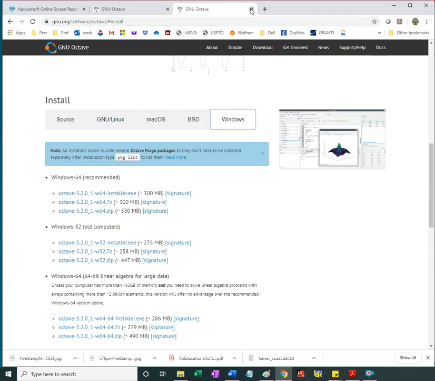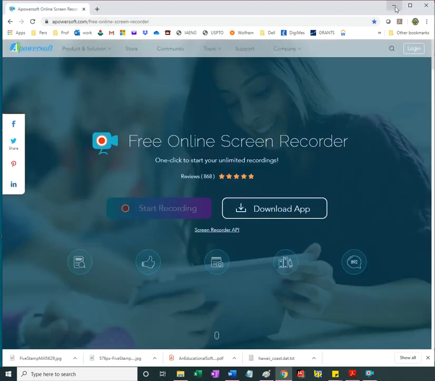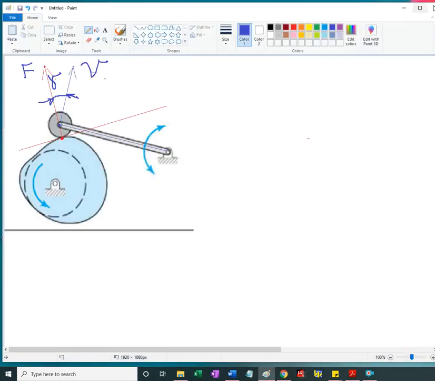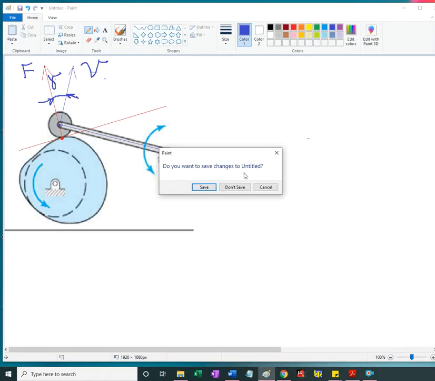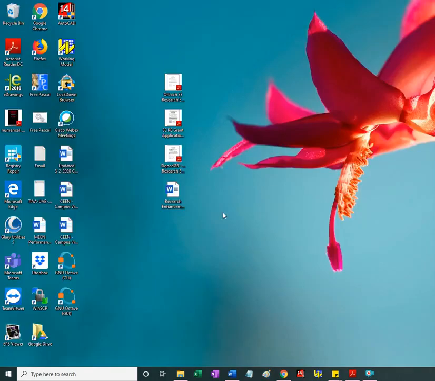All right. And the way it looks, command line and graphic user interface, it looks very much like MATLAB.